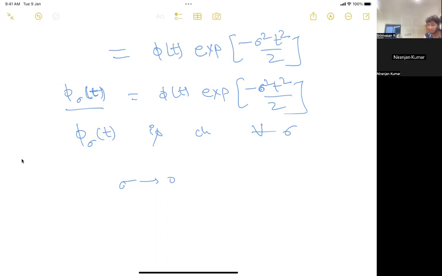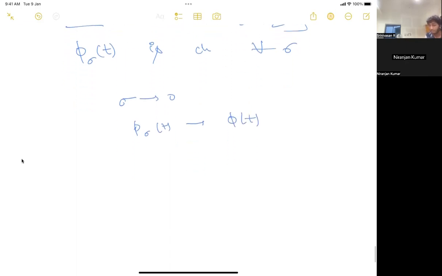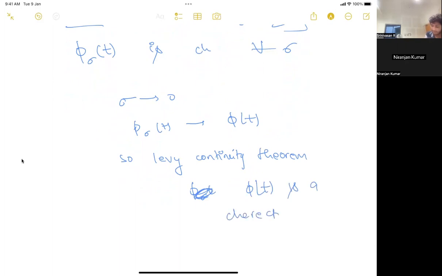So as sigma goes to 0, phi sigma of t converges pointwise to phi of t. So by Levy's continuity theorem, phi of t is a characteristic function.